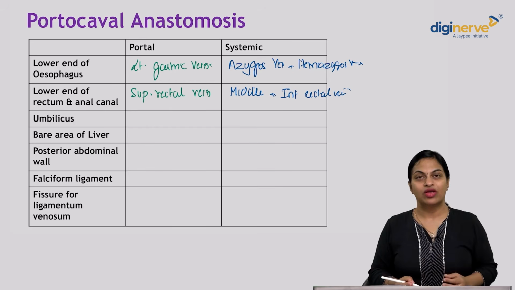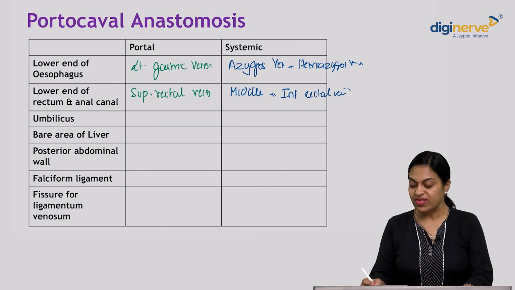Umbilicus is an important site of portosystemic anastomosis. Here, the portal tributary will be the para-umbilical veins.